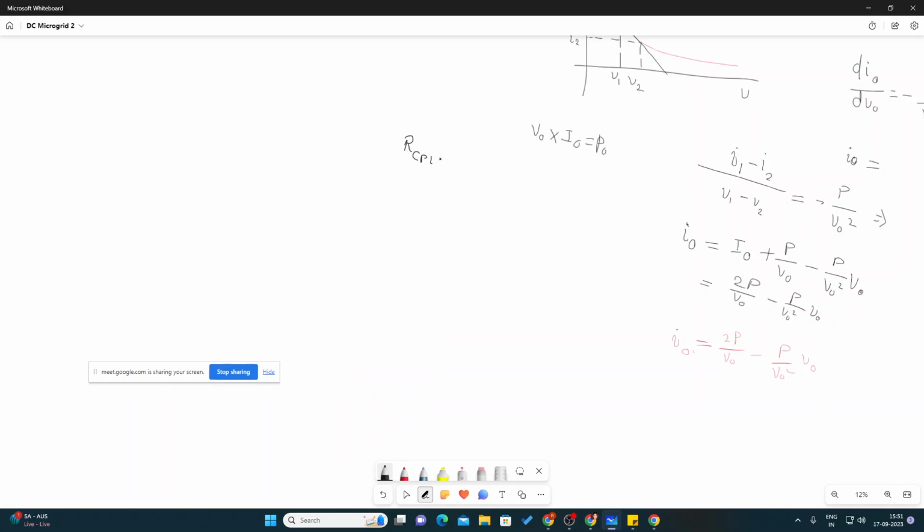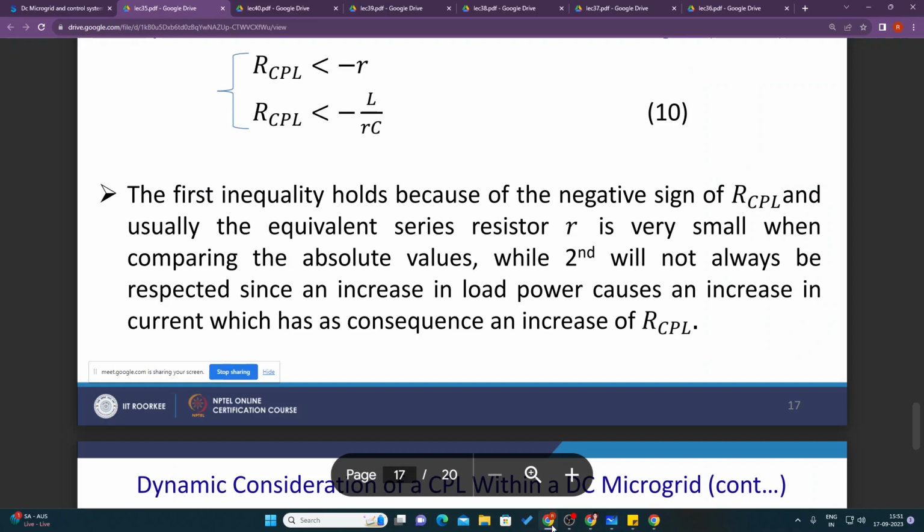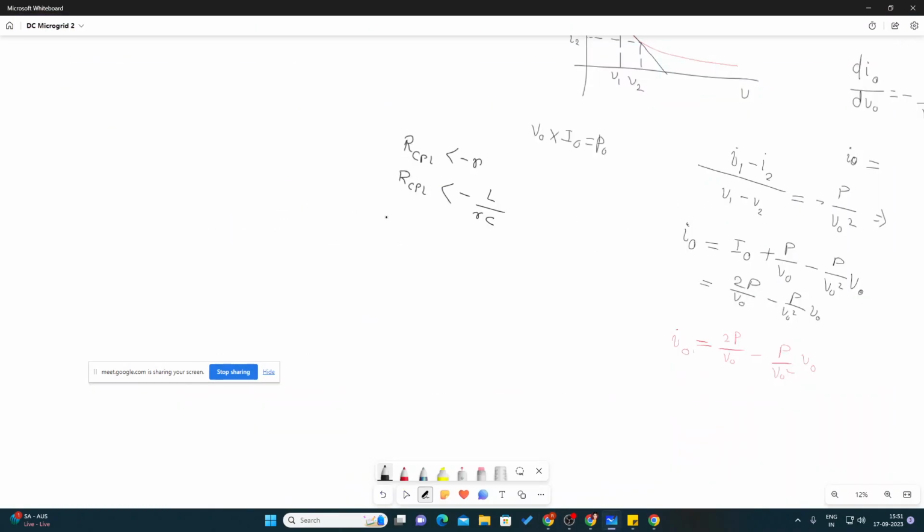RCPL will be less than minus R and RCPL will be less than minus L by RC, right? So hence together we can write RCPL will be less than the minimum of minus R comma minus L by RC.